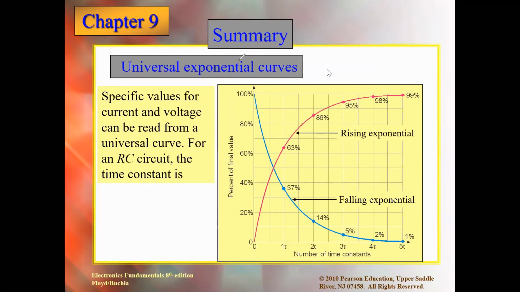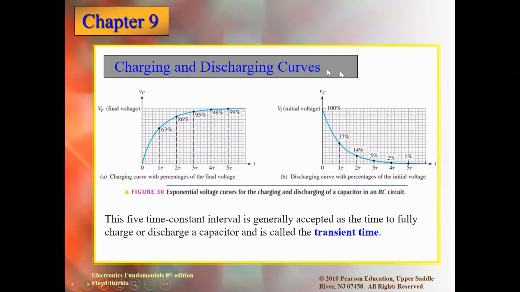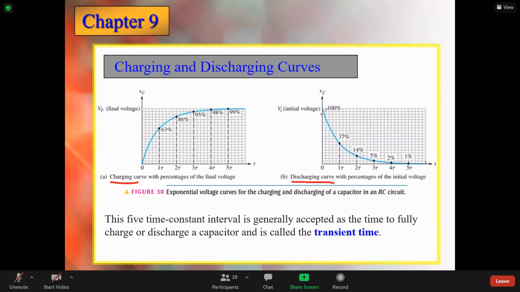It is drawn with the number of time constants on the x-axis and the percentage of final value on the y-axis. Now this universal curve is drawn separately for charging and discharging. The left one is the charging curve, which is a rising exponential. This one is a falling, decreasing exponential. So this is charging, this is discharging.